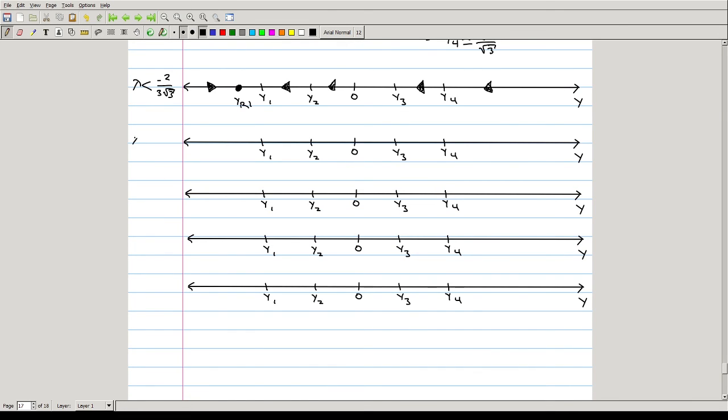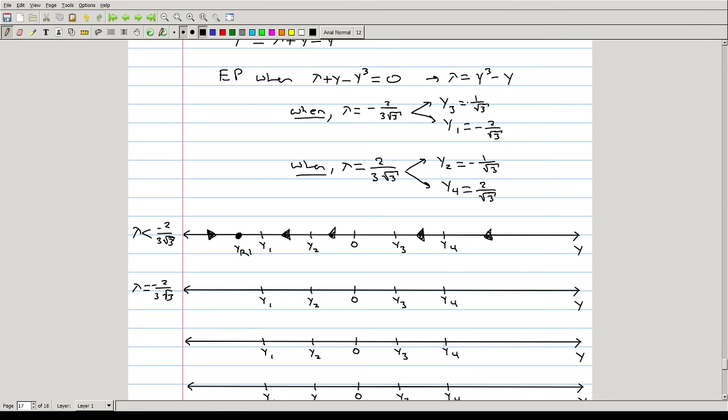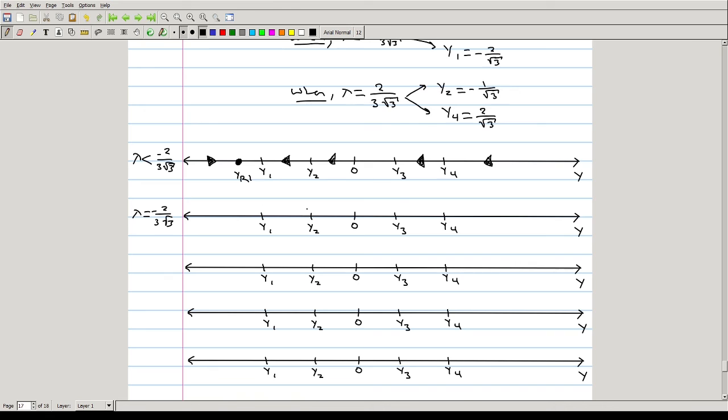So when lambda is equal to negative 2 over 3 square root of 3, we've seen that we have two solutions, y1 and y3, so two equilibrium values. And if y is less than y1, f of y comma lambda is positive.